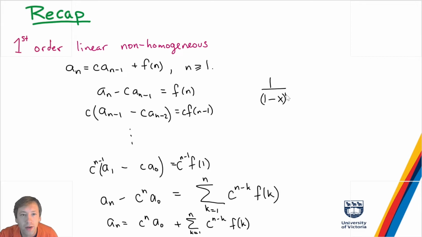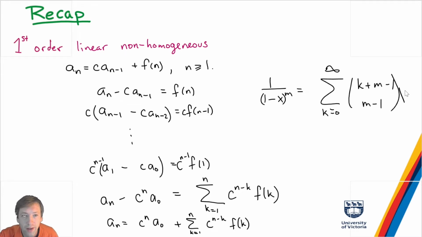So if I have 1 over (1 minus x) to the m, it's the sum, let's say maybe I'll write it with k because this sum has a k, k equals 0 to infinity, of (k plus m minus 1) choose (m minus 1), x to the k, right?